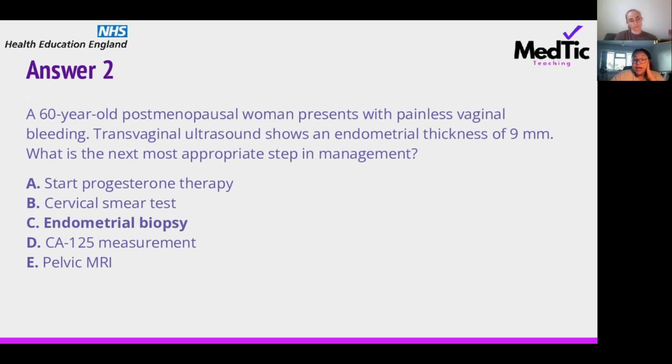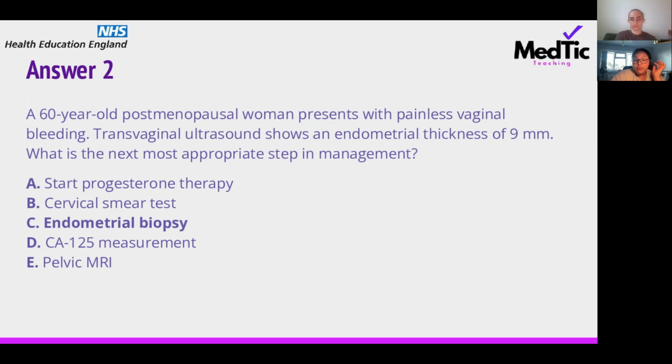D, CA125, is useful for ovarian cancer, but it's not the first line diagnostic test for endometrial. And then pelvic MRI can be useful more for staging purposes, but again, it's not the first line investigation, and biopsy is imperative for diagnosis.